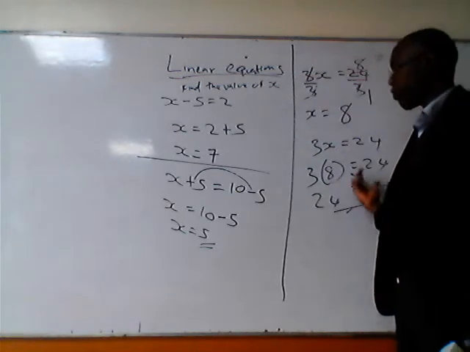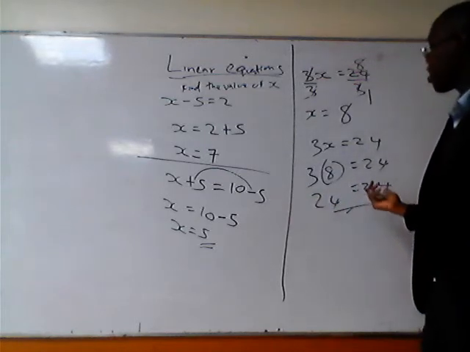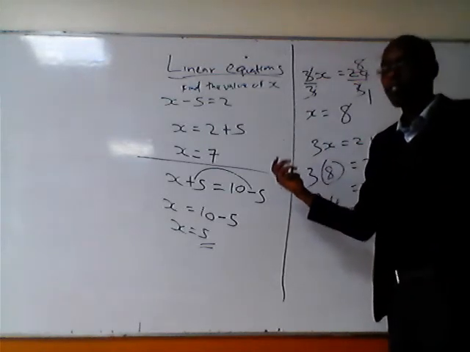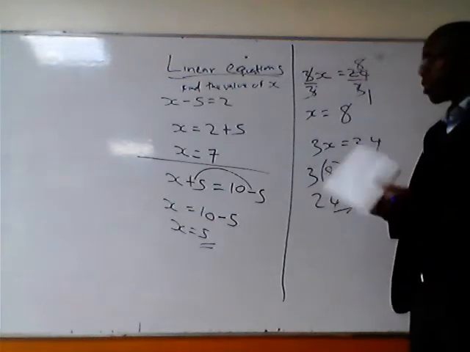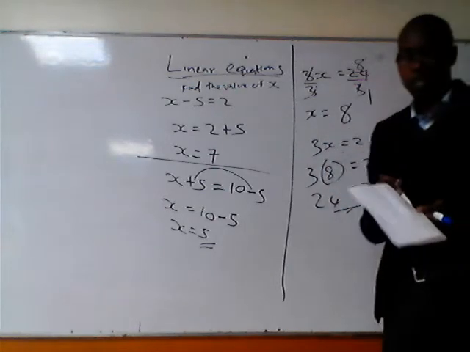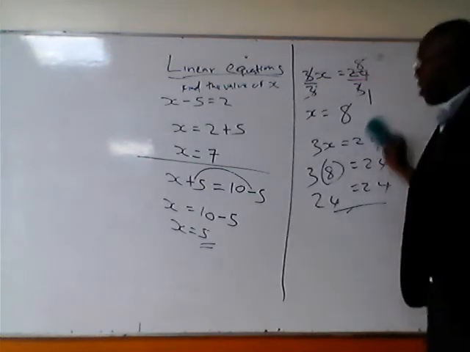That's how you prove it, but there's no need to prove it once you do the equation procedurally the way it's supposed to be done. So that's how you do that particular example.